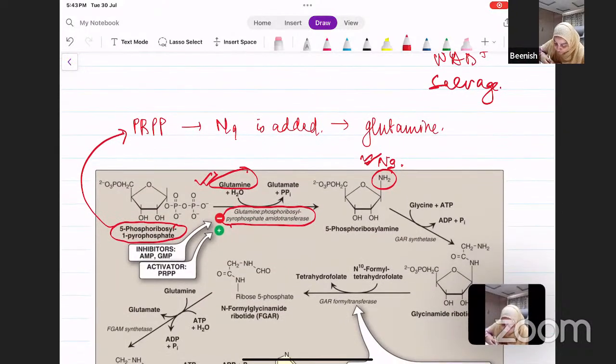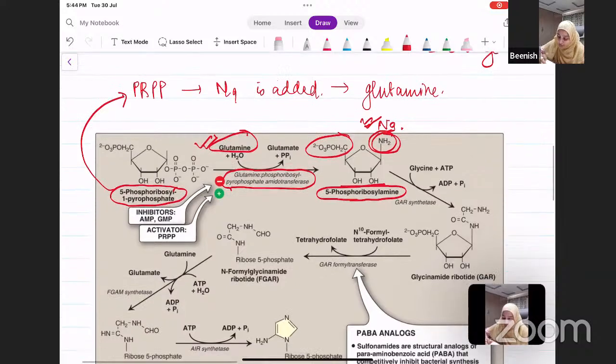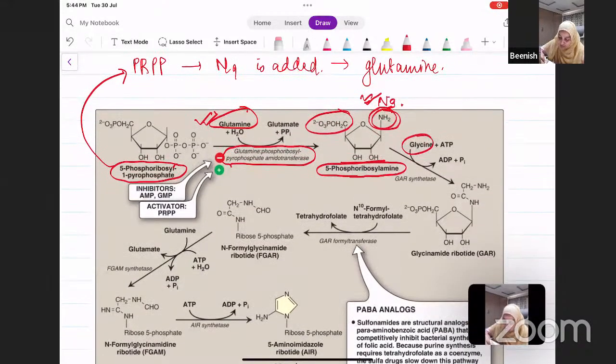Now you end up with what? 5-phosphoribosyl amine. So you have this ribose sugar, the phosphate was already there, and now you have an amino group at the first position. Now this 5-phosphoribosyl amine is going to undergo various steps, and in each of these steps a source of the purine ring is going to be added. First glycine is going to come, then tetrahydrofolic acid, then glutamine.